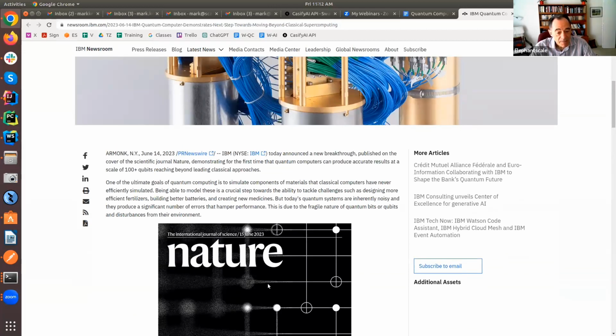What they're saying is this. One of the real important applications that, again, is a little bit in the future is material science. To be very specific, that is designing efficient fertilizers, building better batteries, Elon Musk's dream, and creating new medicines. All of these depend on quantum computing algorithms, but the problem is that these quantum computers are noisy, meaning those electrons don't behave sometimes.